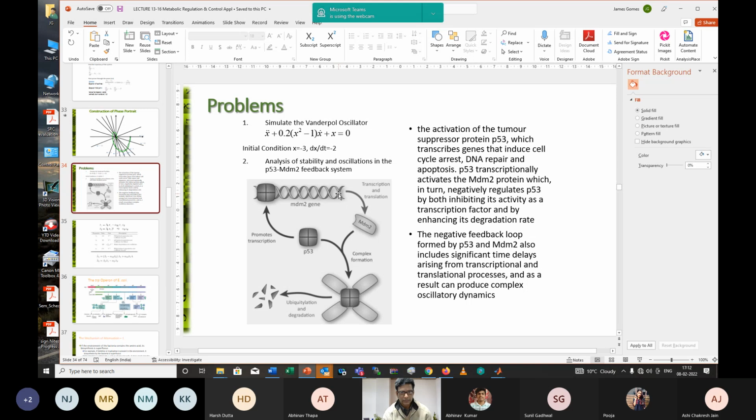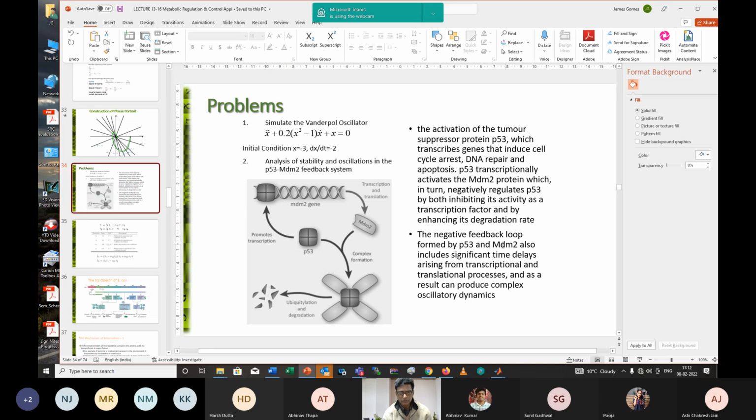That means somehow it will come back, but it's not shown here. So you get degradation happening here, but negatively regulate means that it has to go back and negatively regulate the activity of P53.